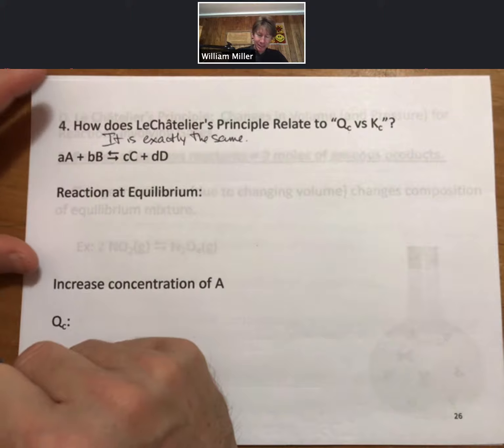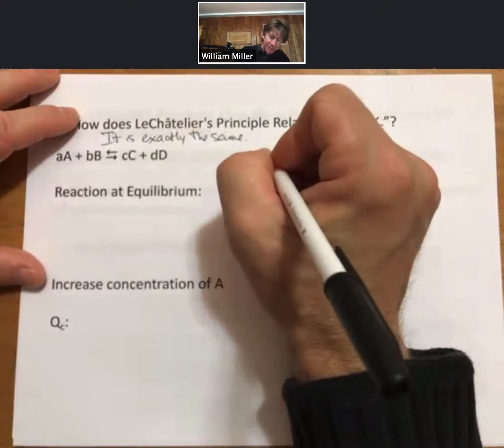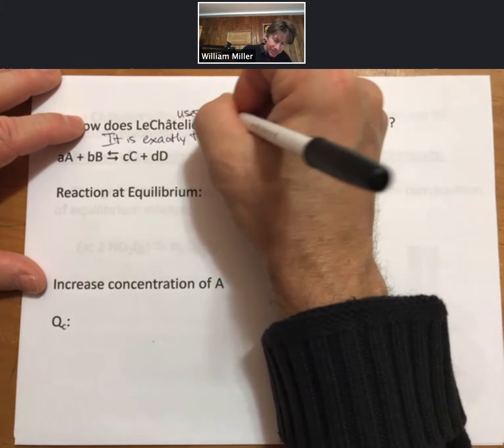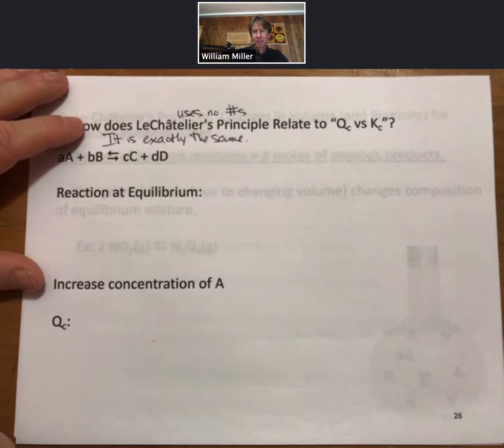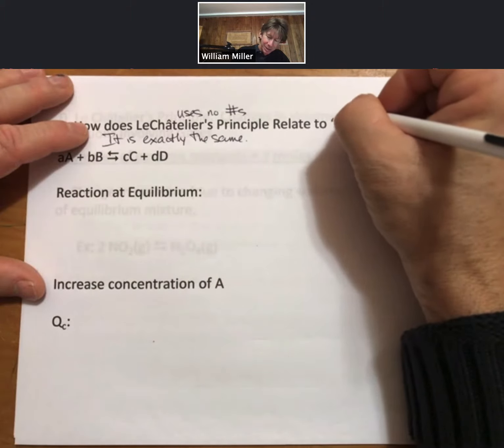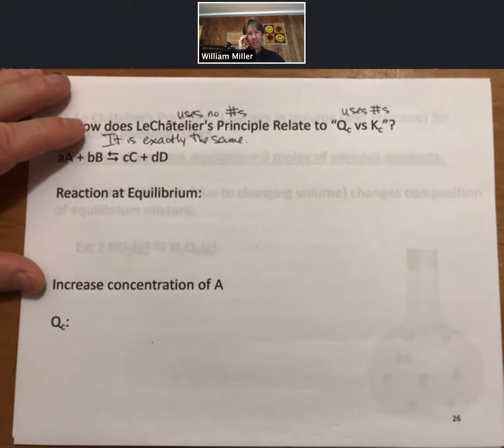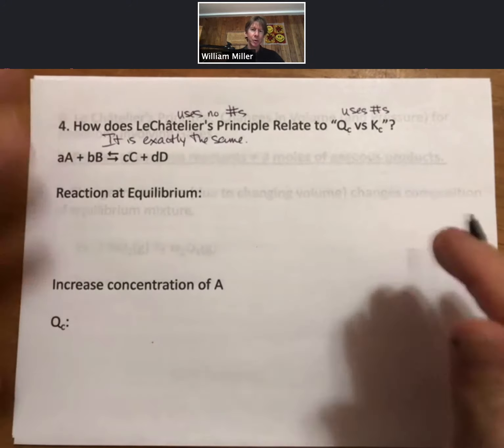So they're exactly the same. Le Chatelier's principle tends to use no numbers, while Qc versus Kc uses numbers. So if you ever get stuck, you can do either of these.